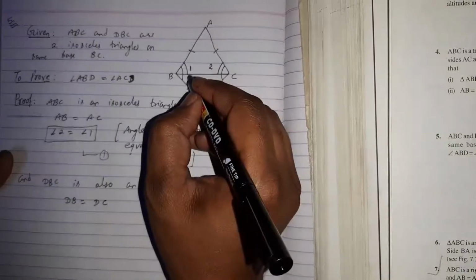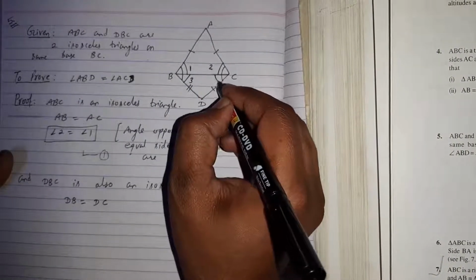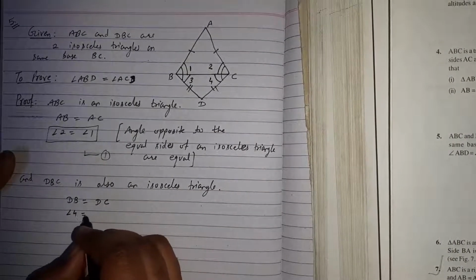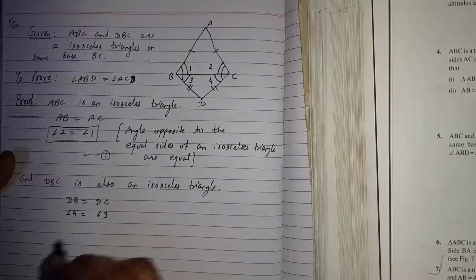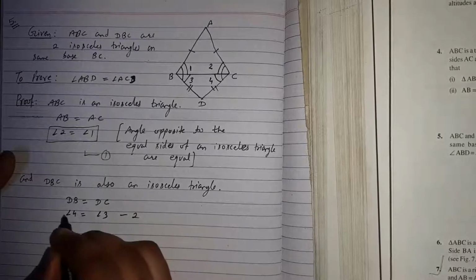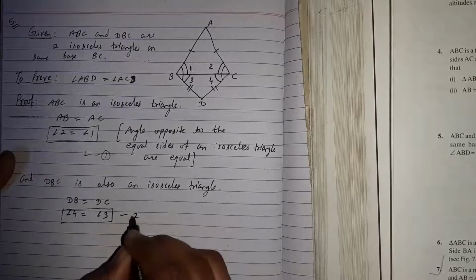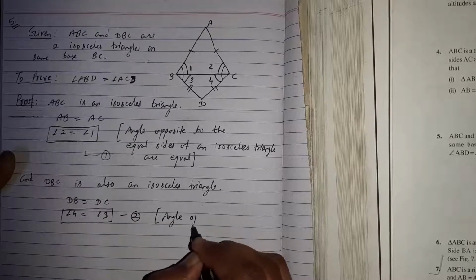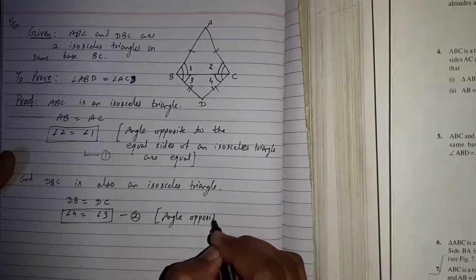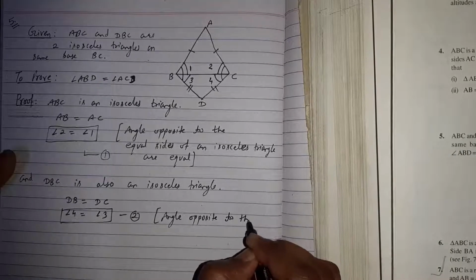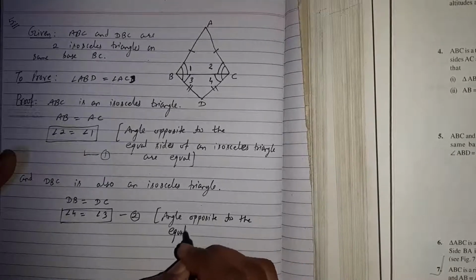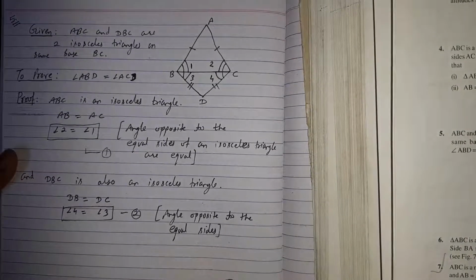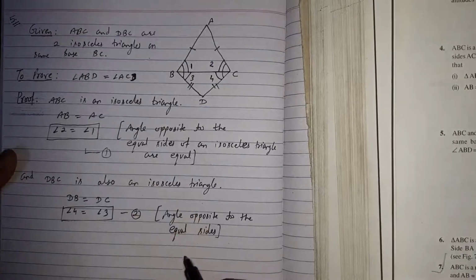Suppose this angle is 3 and this angle is 4. So angle 4 is equal to angle 3. Equation number 2.